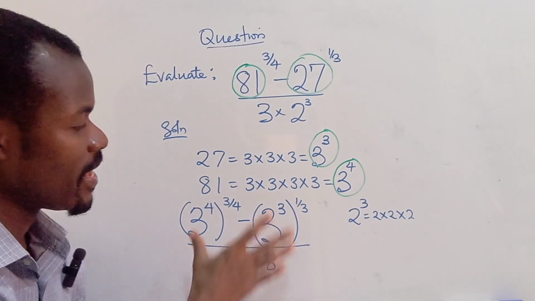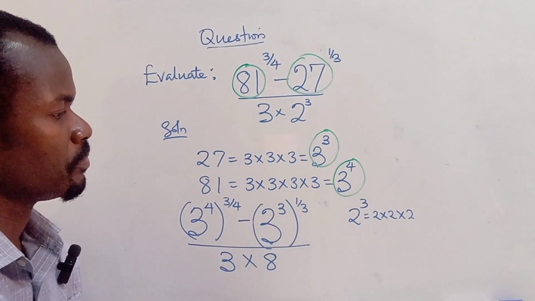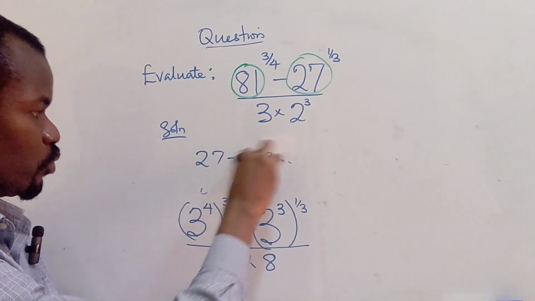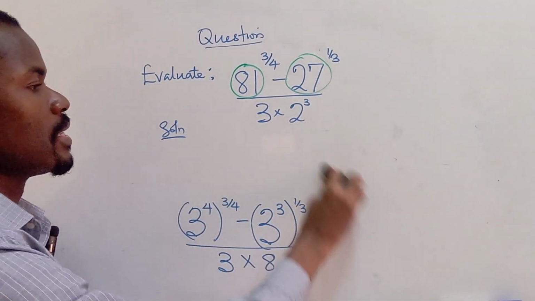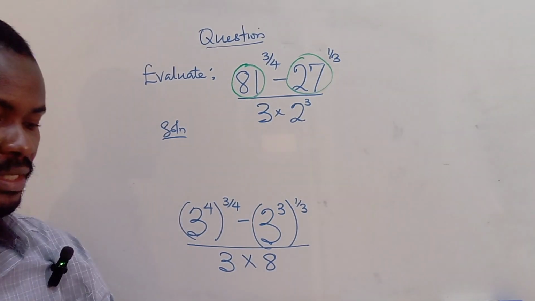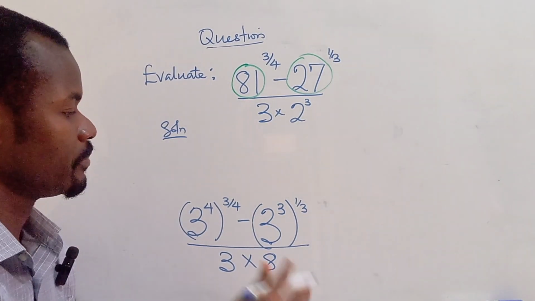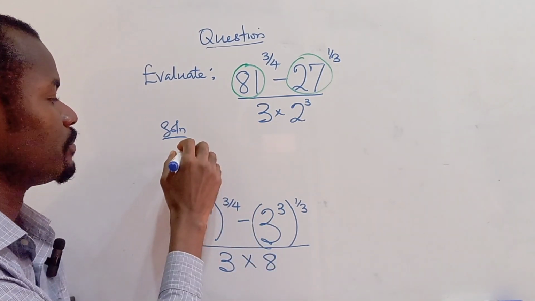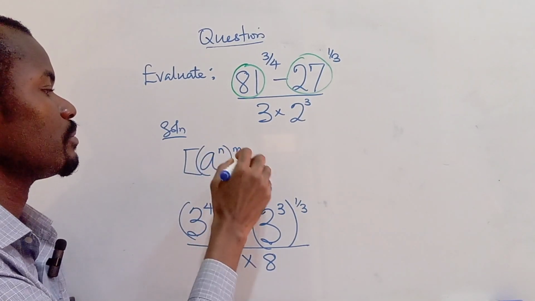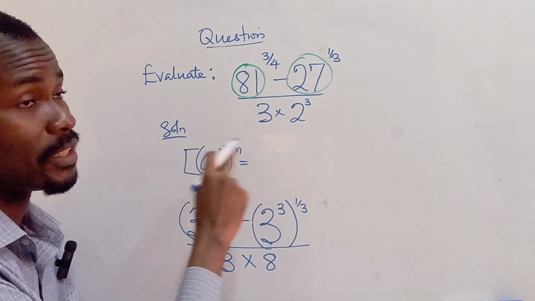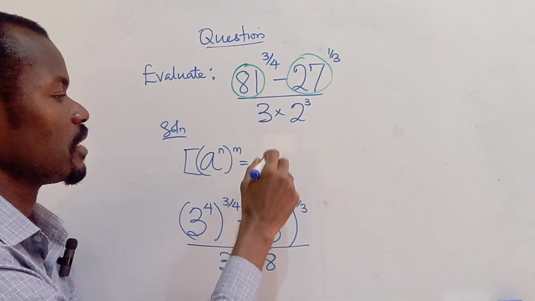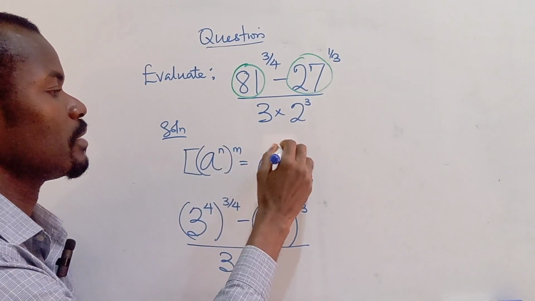Alright, so we have this expression. Now that we have this expression, what should we do next? Now I can recognize that we have a power of indices law we can apply here, which is a raised to the power of m in bracket, raised to n. This is called the double power law. So we are simply going to say a, and multiply the powers.